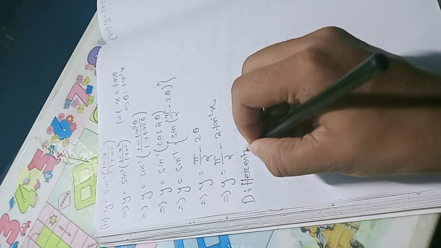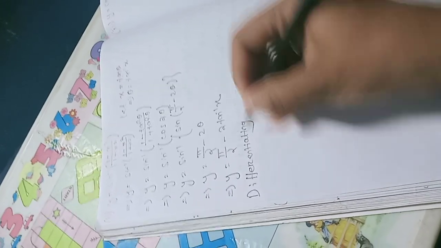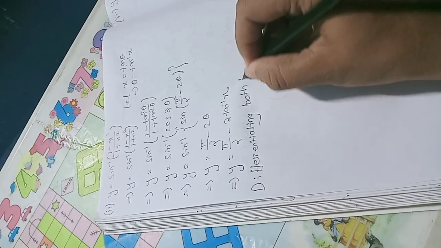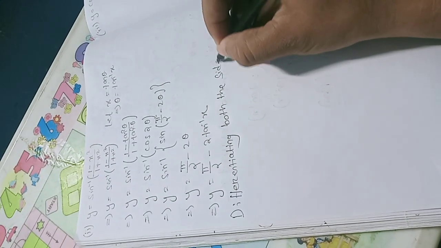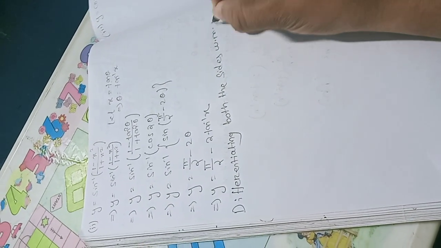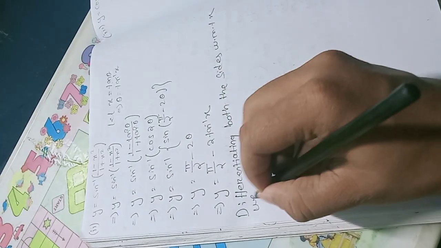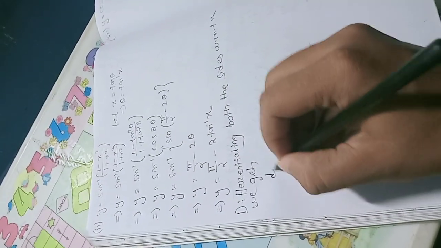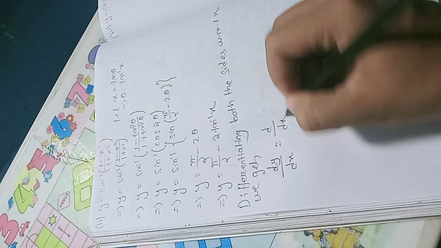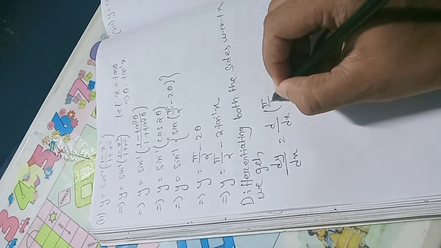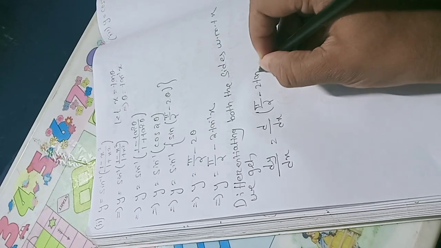Differentiating both the sides with respect to x, we get dy by dx equals dy by dx of pi by 2 minus 2 tan inverse x.